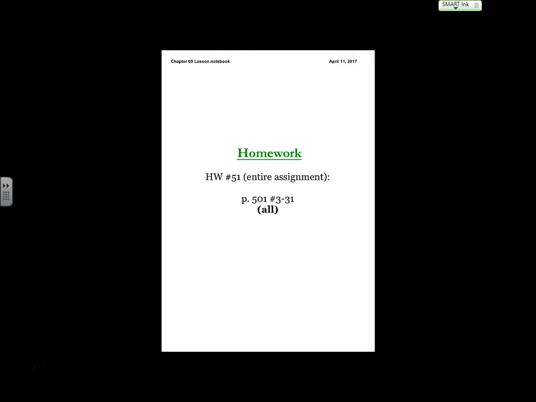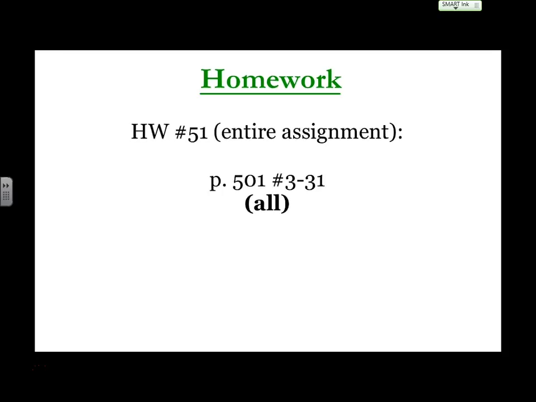The homework is 3 through 31. What should you have already done? 3 through 18. I had you erase the 18. Guys, I don't need to yell over you. You have 3 through 18 right now if you did last night's homework.